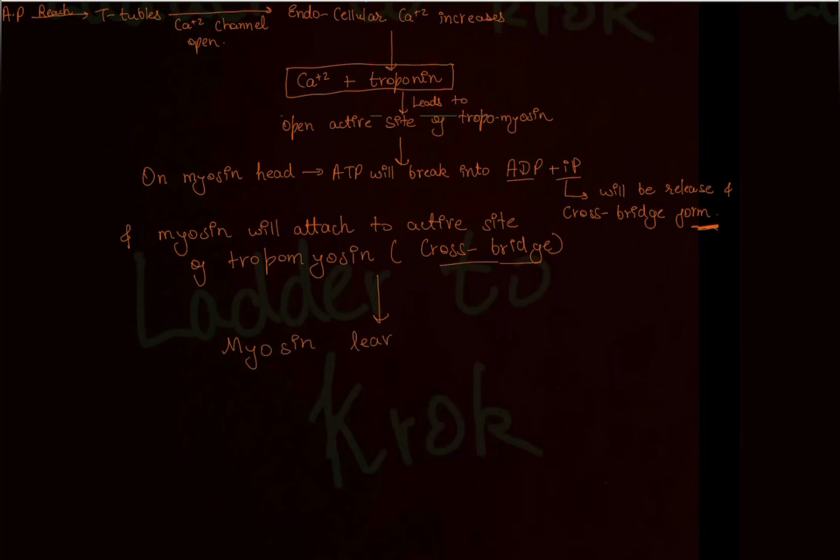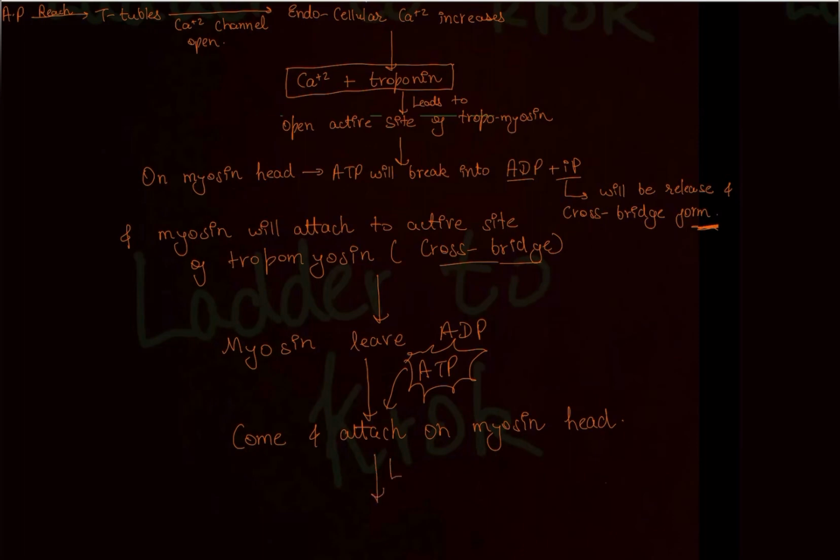Now the myosin head will leave ADP. Then what will happen? A new ATP will come and attach on the myosin head. Because of this, when that ATP joins, suddenly the cross bridge formation will be over.